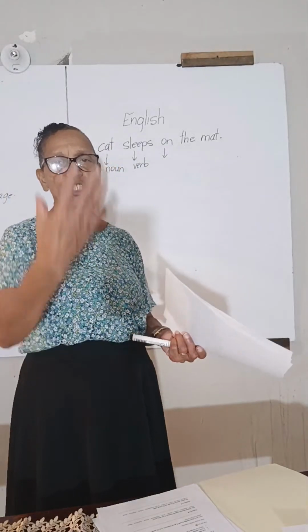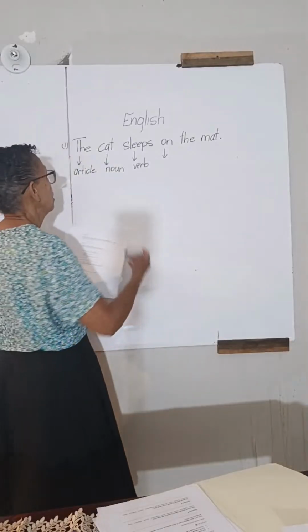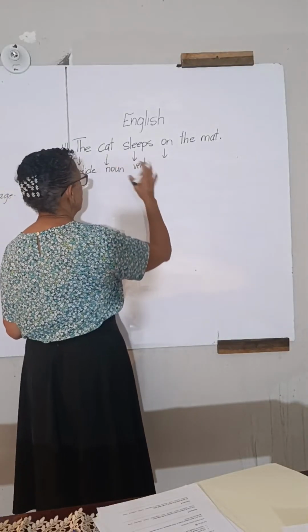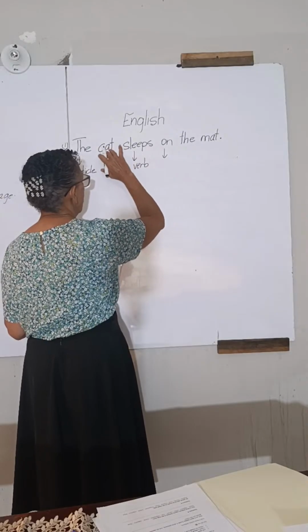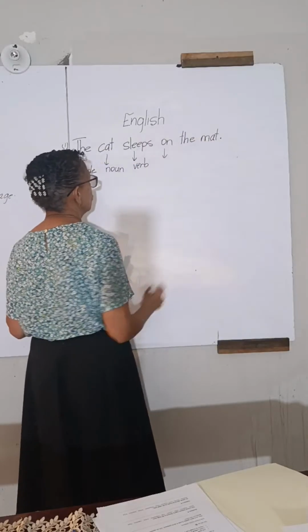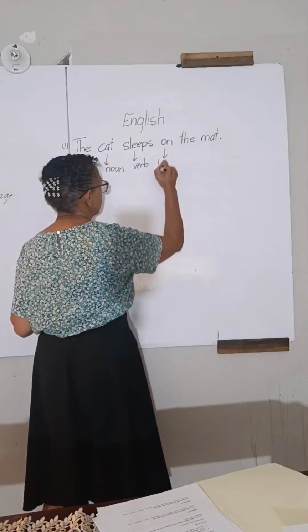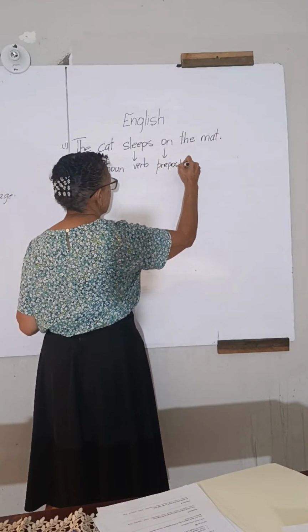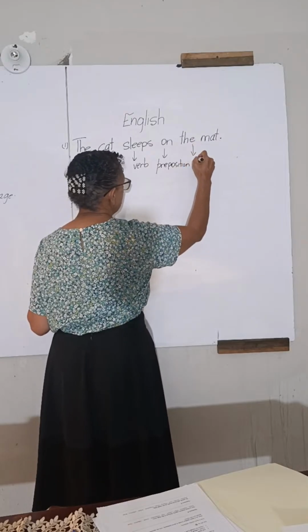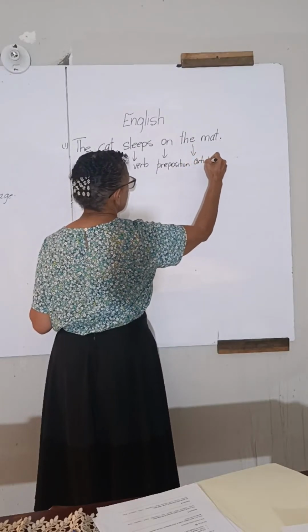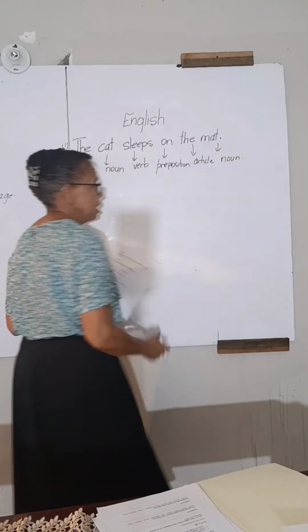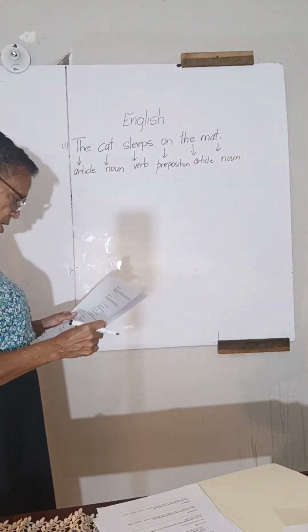That shows relationship between the noun in the sentence. Relationship between the noun here and the mat. Shows relationship. So this is a preposition. And then you have an article here. And then you have a noun. Good. Try to do it ahead of me. All right.